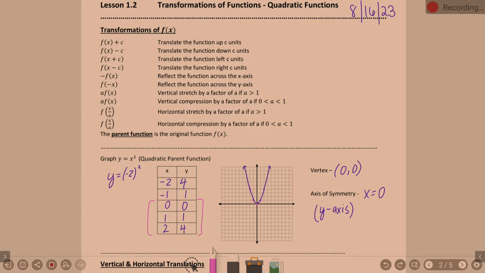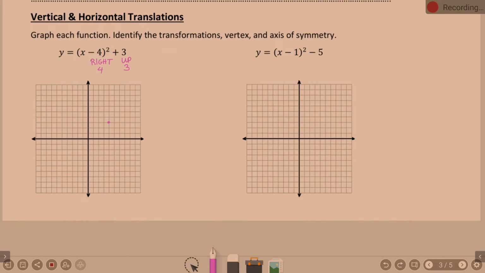Now, I'll tell you, on Savas, if you have to graph on Savas, they don't require a bunch of points, do they? They just want the vertex and 1 extra point. But when I have you guys do this by hand, I want you to recognize that the next set of points is not just over 1, up 1. So, here's my vertex. From the first set of points, I'm going to go over 1, up 1, over 1, up 1.